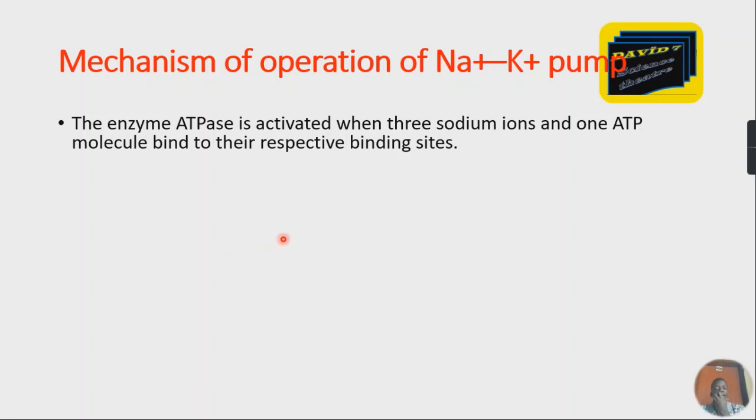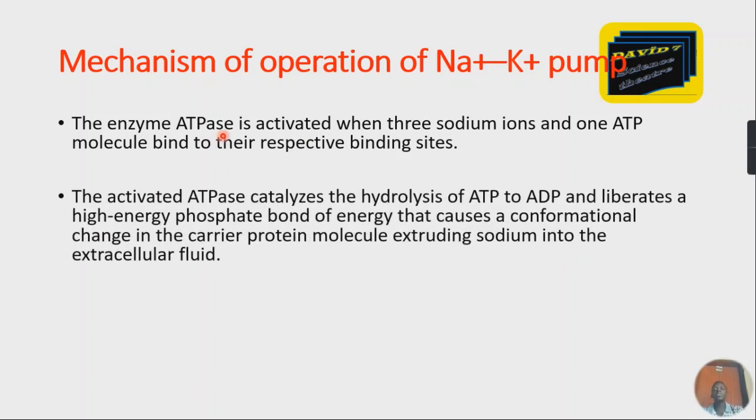The sodium binding and ATP binding activates ATPase, and the activated ATPase catalyzes hydrolysis of ATP to ADP. And this will liberate a high energy phosphate bond of energy that causes a conformation change in the carrier protein molecule, which will extrude sodium into ECF.